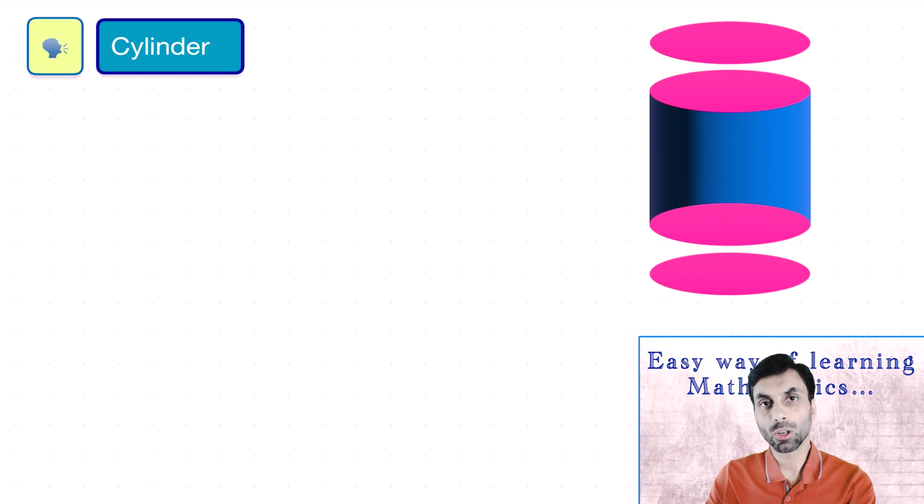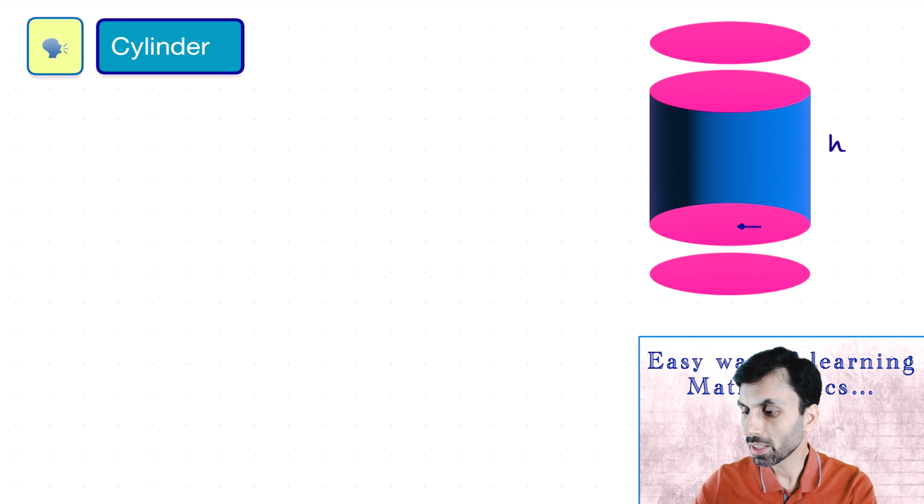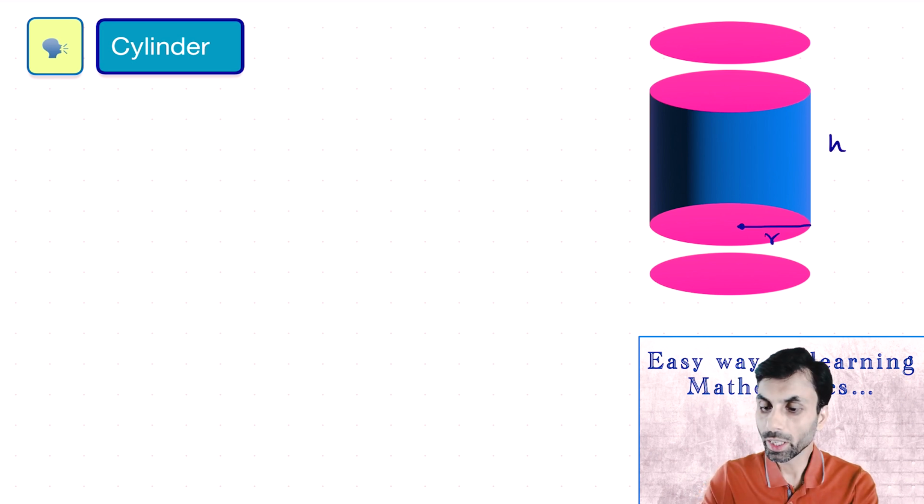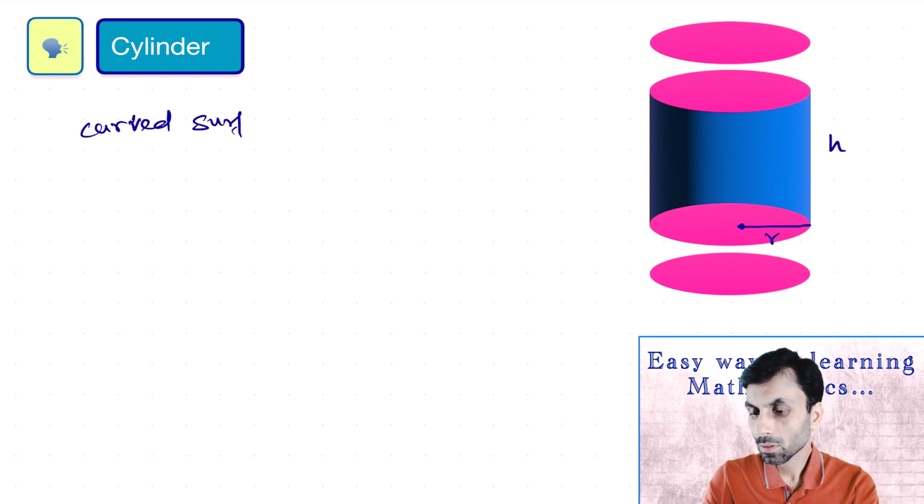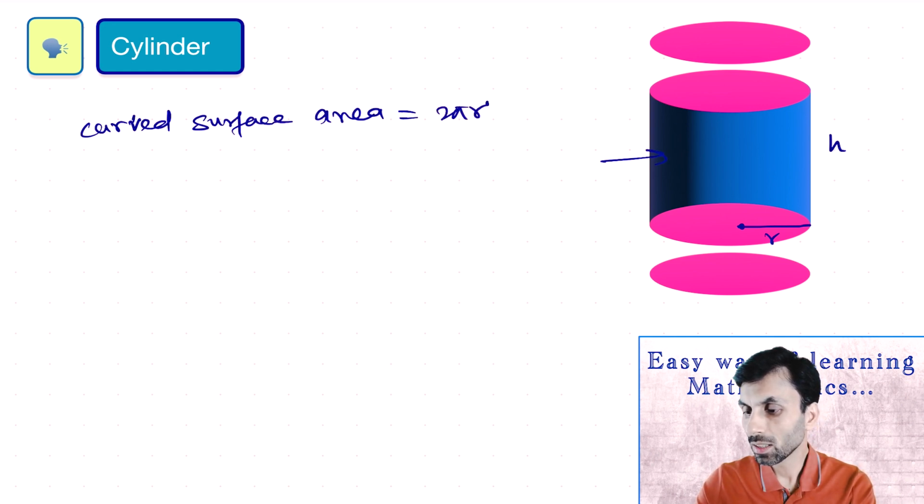Next, let's talk about a cylinder of height H and base radius R. So here in this case, the curved surface area will be equal to 2 pi RH.